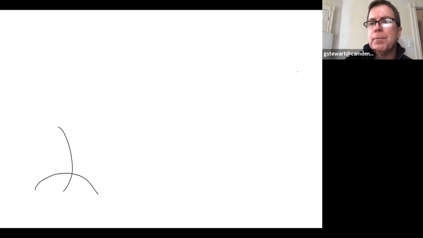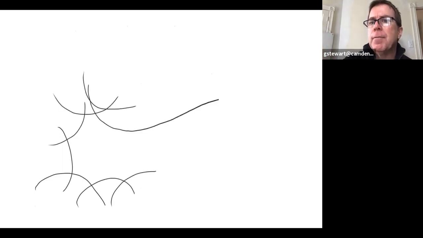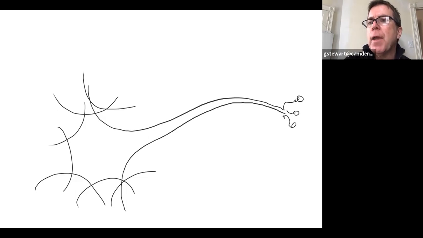So at rest, this neuron has that situation set up where we have positive along the outside of this membrane and negative right along the inside.